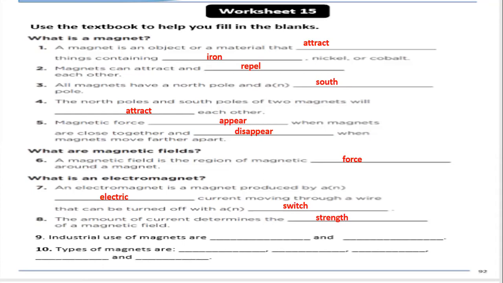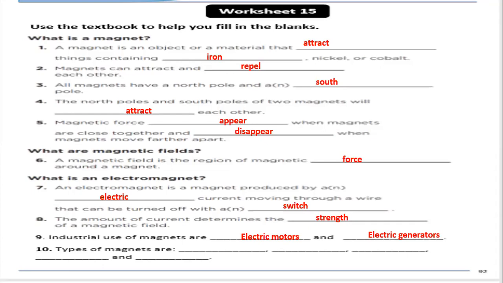Number nine, industrial uses of magnets are electric motors and electric generators, and you will find them in the Extend section of your Closer Look book, or you can write cranes that pull up metal scrap, whatever we have talked about regarding the industrial use of magnets, you can add in those two gaps.